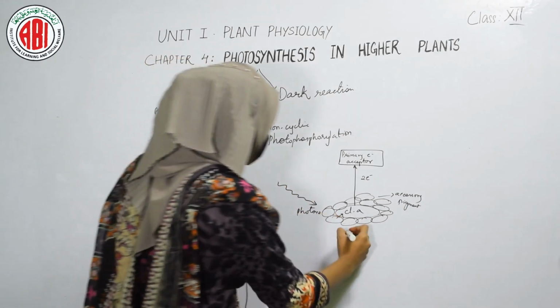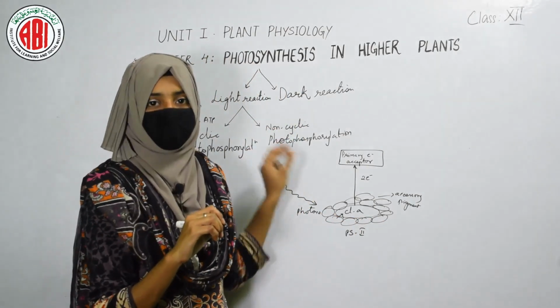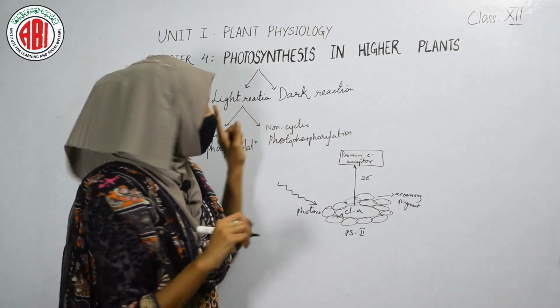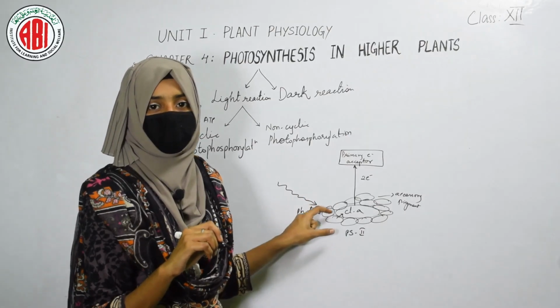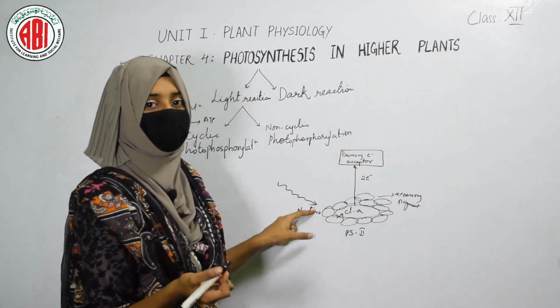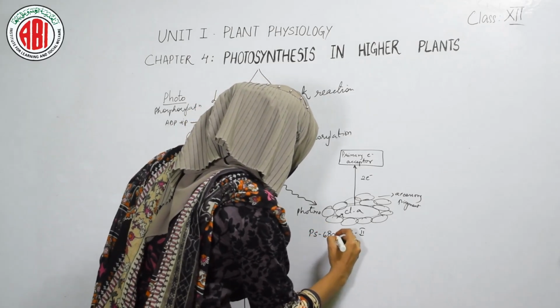This is PS2. This non-cyclic photophosphorylation is a process that starts in photosystem 2. Whenever we hear the term photosystem 2, we need to recall the other name of photosystem 2, that is photosystem 680 nanometer.